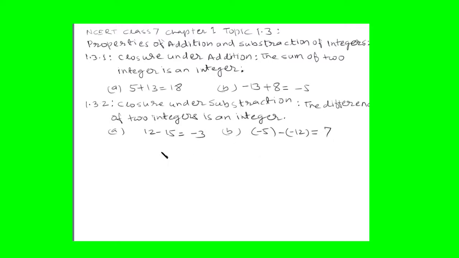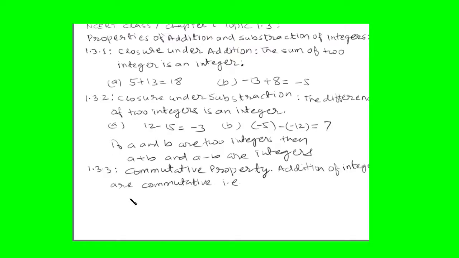So we can say that if a and b are two integers, then a plus b and a minus b are integers.